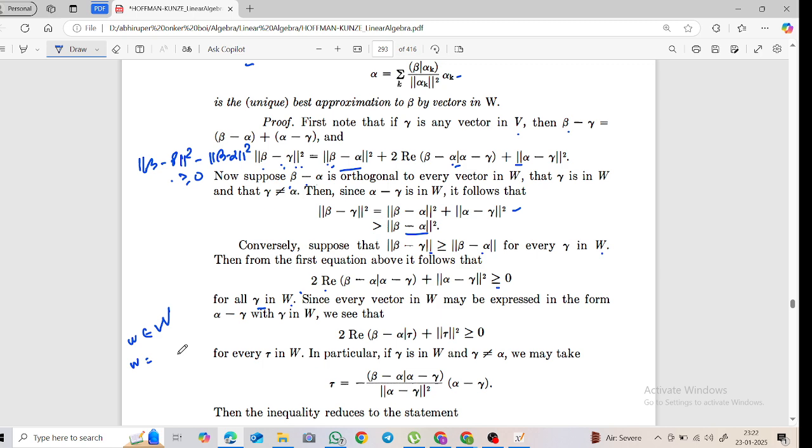So gamma is arbitrary. So you can write alpha minus w, right? So this is our gamma. Thus you realize this statement. Okay, you have this statement.